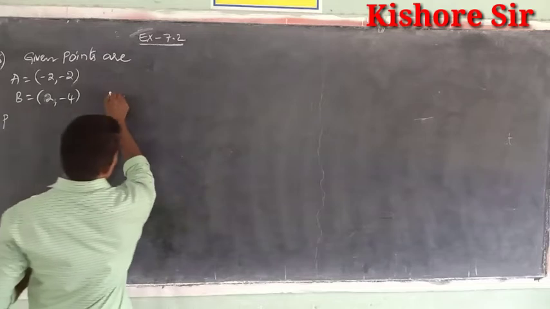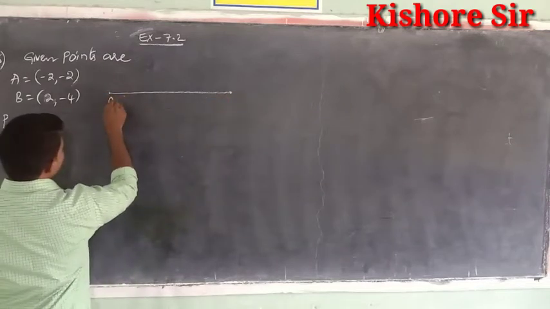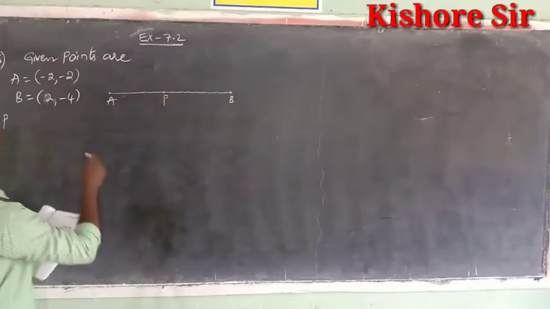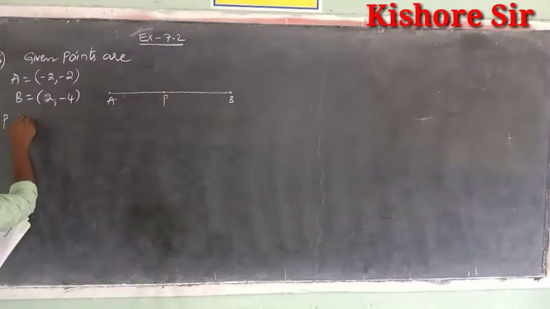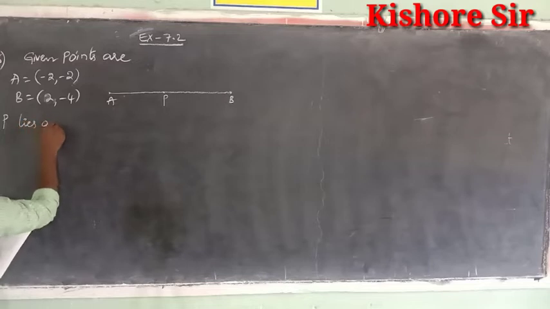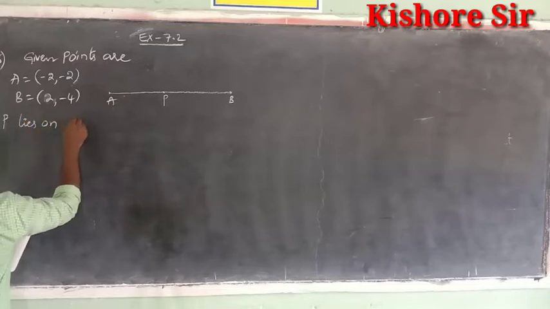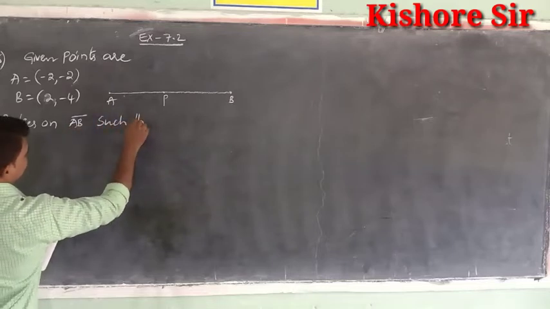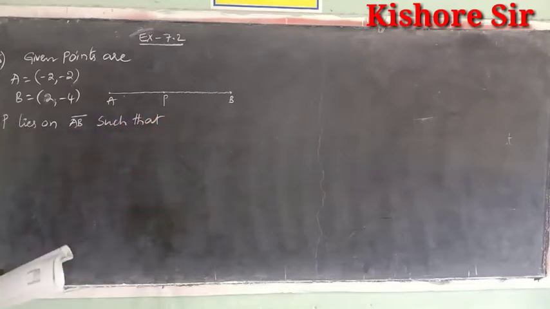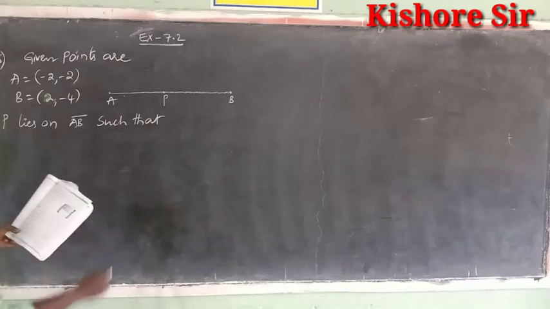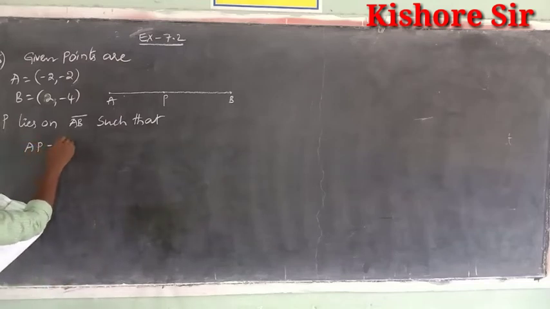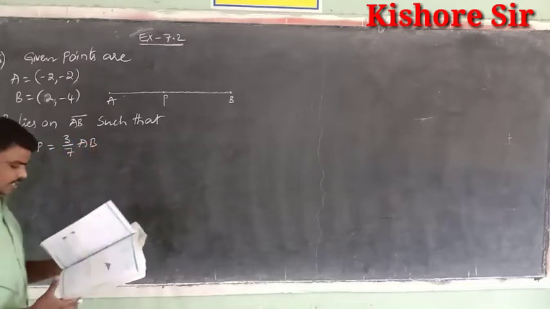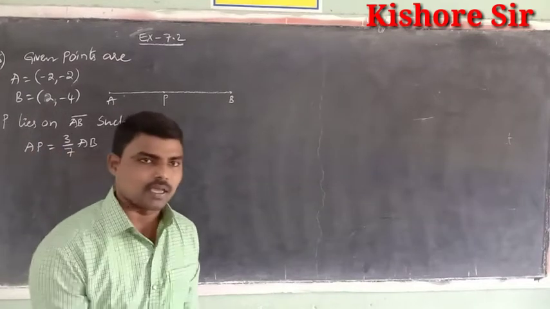So, first draw a line segment AB. The point P lies on AB such that AP is equal to 3/7 AB.